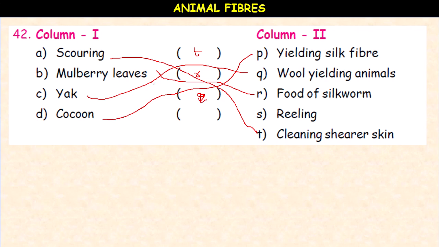Yak means wool yielding animal. Then cocoon, P: yielding silk fiber, the stage in which silk fiber is extracted.